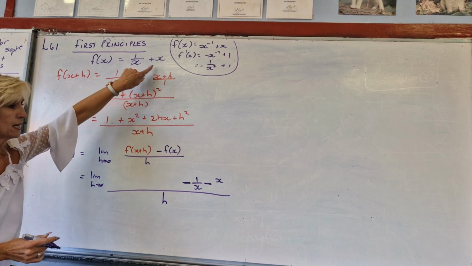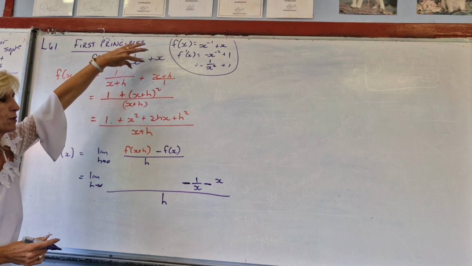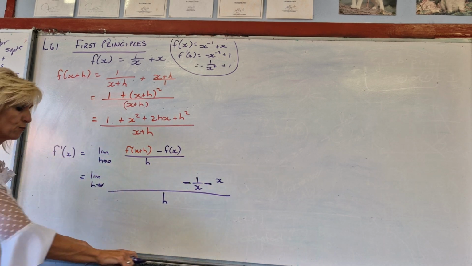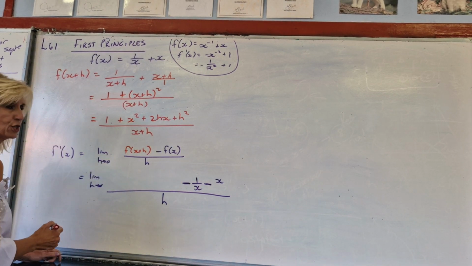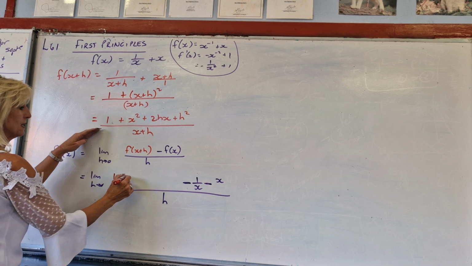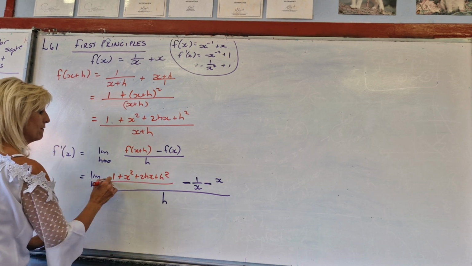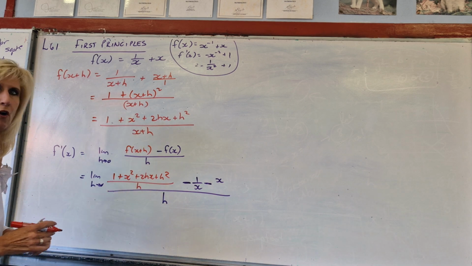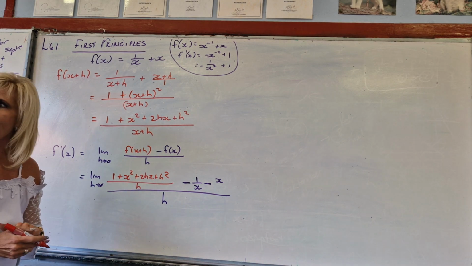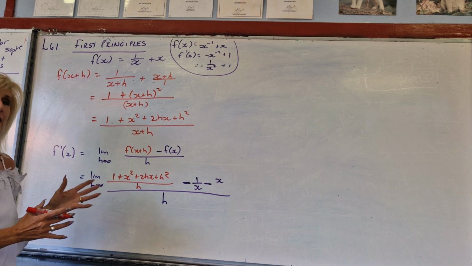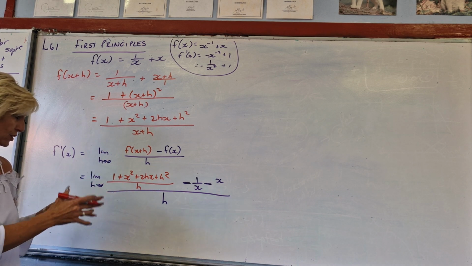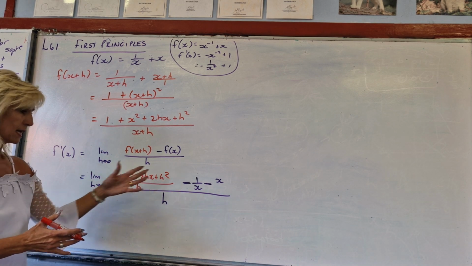Are you all with me? So minus f(x) will make both of them minus. But the red part is the f(x plus h) part, which was 1 plus x squared plus 2hx plus h squared over h, and I was trying to let you see a horrible one, and I think I succeeded in the horrible one. Because now, remember, this is now fractions on fractions, and there's more fractions coming.